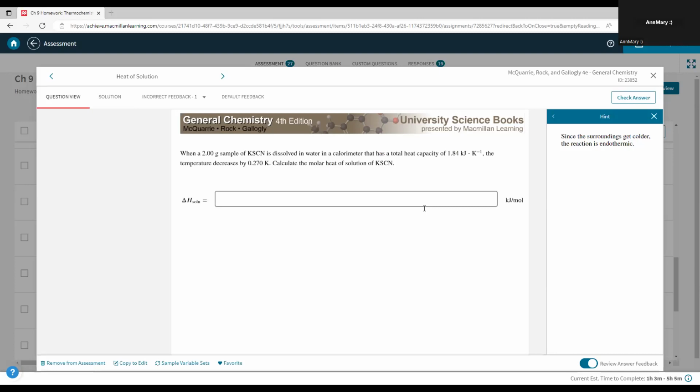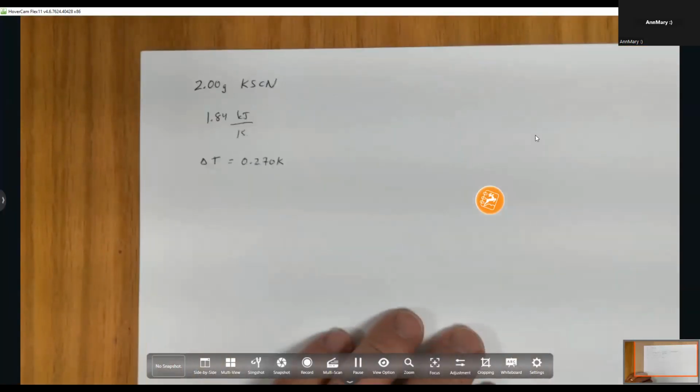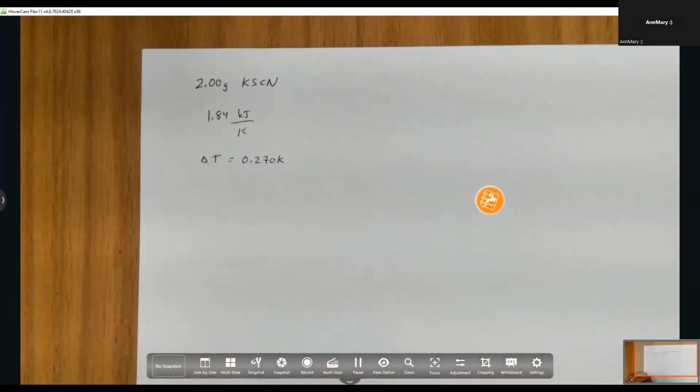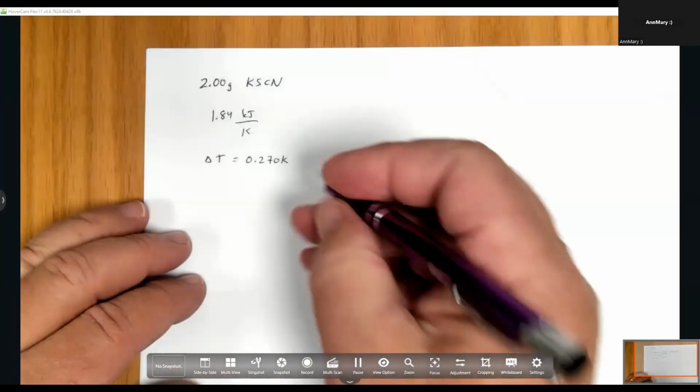You have to calculate the molar heat of solution of KSCN. I thought I deleted that question. My problem says 3 grams. Yours says 3 grams?